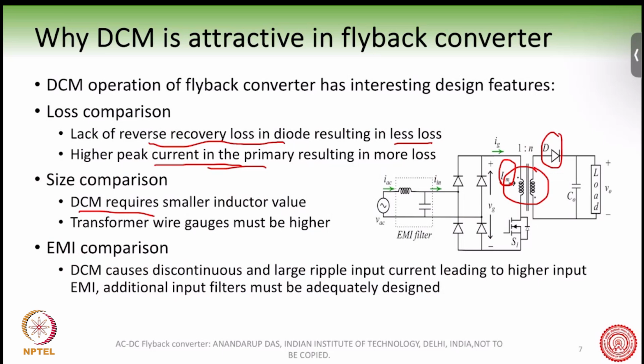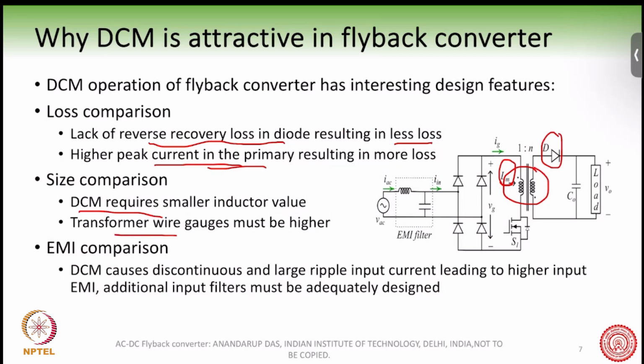On the other hand, in DCM, you are providing some energy, but before the switching cycle ends, you have completely taken the energy out of the inductor. Which means in every switching cycle, the inductor does not need to store a lot of energy, and so it will actually have a smaller inductor value.